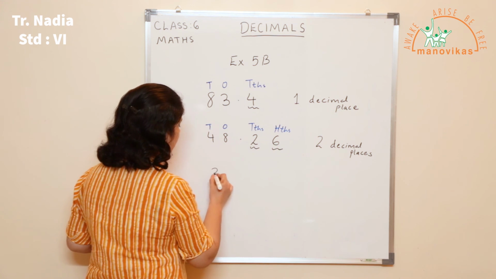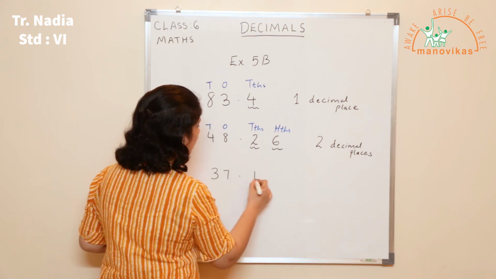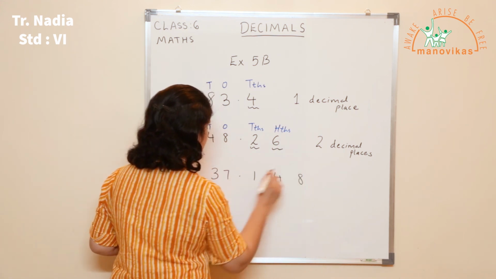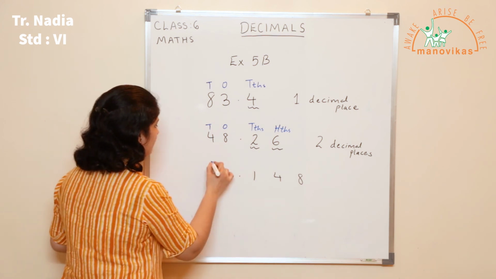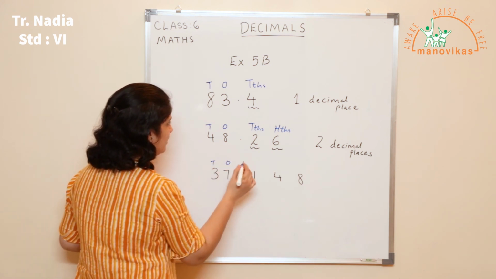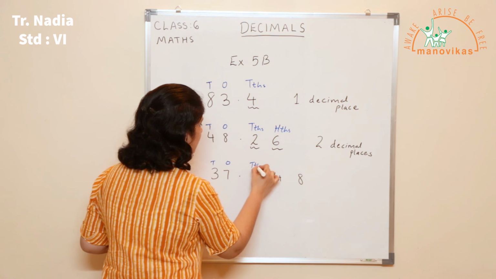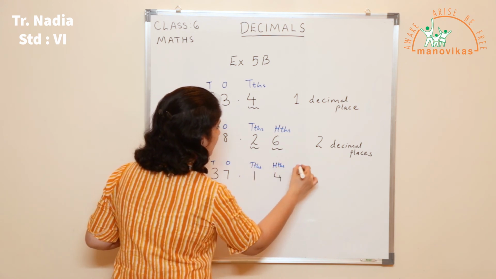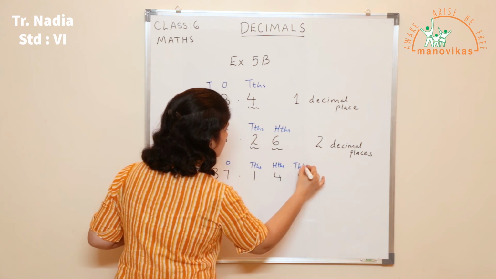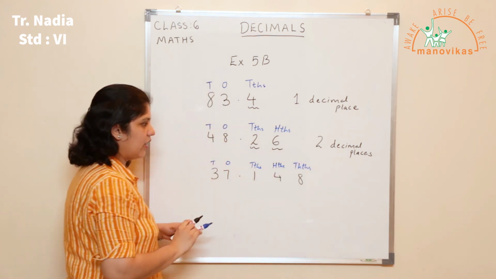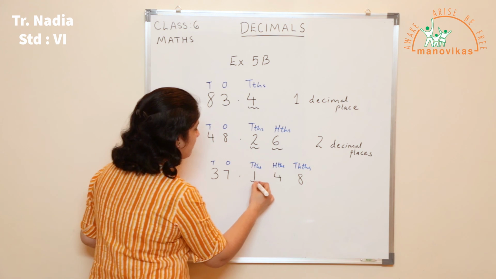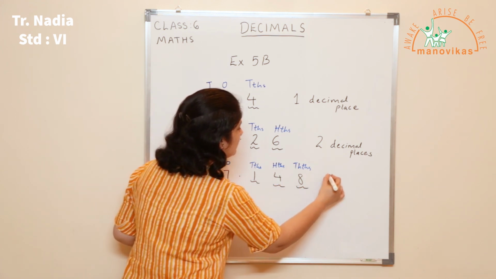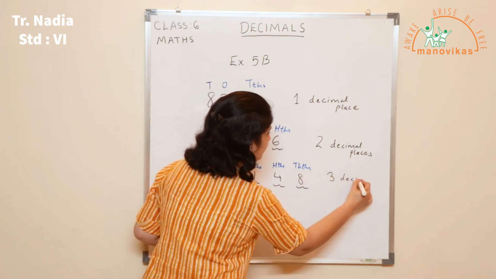Let me take another number, 37.148. Now here I have 3 in the tens, 7 in the ones, 1 in the tenths, 4 in the hundredths and 8 in the thousandths place. Now here I would say that this number has 3 decimal places.